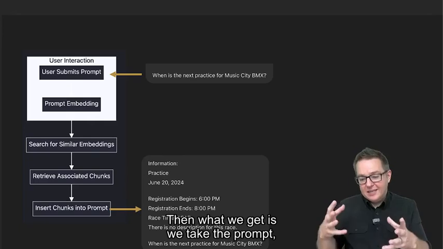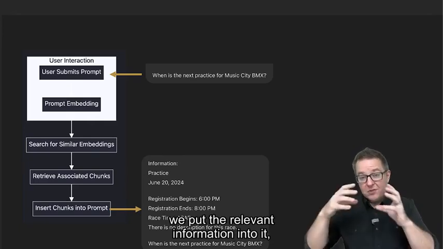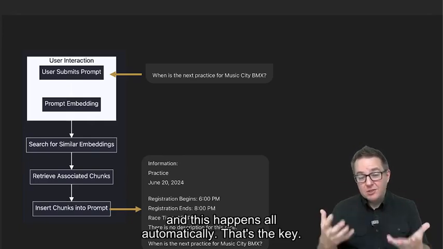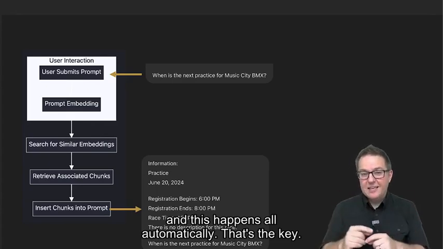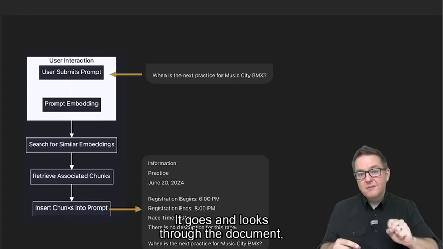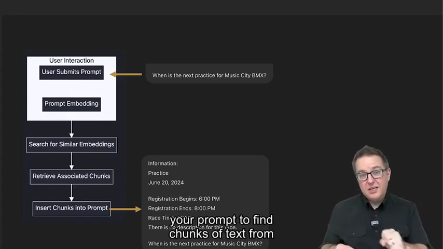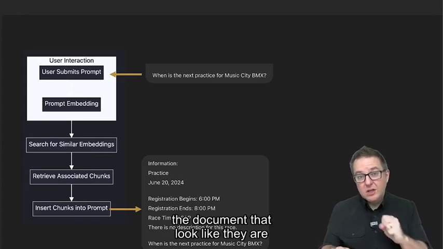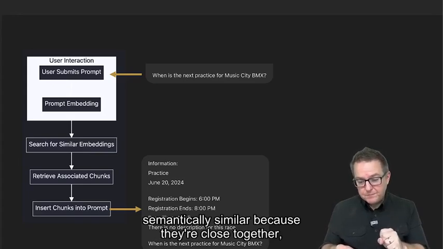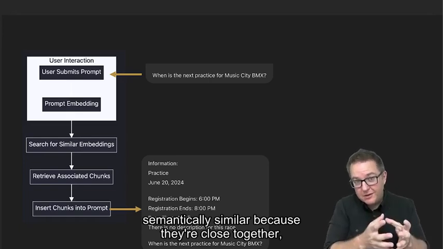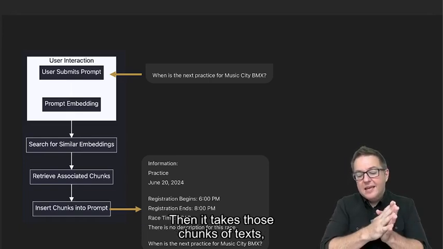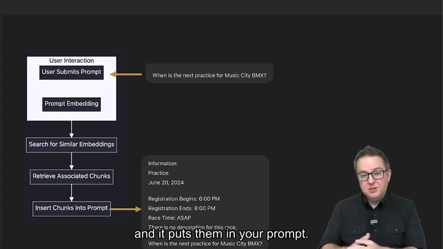And then we take the prompt, we put the relevant information into it, and this happens all automatically. That's the key. It looks through the document, and it uses the embedding of your prompt to find chunks of text from the document that are semantically similar, because they're close together and the numbers are similar. And then it takes those chunks of text and puts them into your prompt.